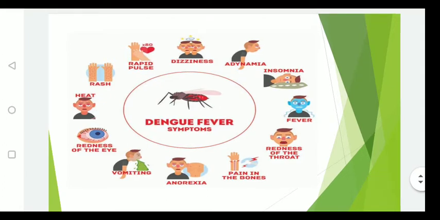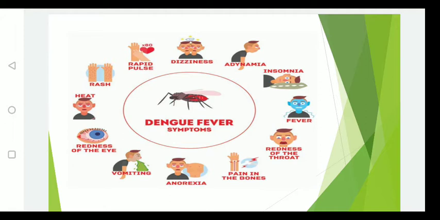Then insomnia, fever, redness in the throat, joint pain, anorexia, vomiting, red eyes. A dengue patient will feel more heat developing from the body. Then rashes: all over the body people will get red rashes because of low platelets. The platelet count decreases, and because of that red rashes form on the body.